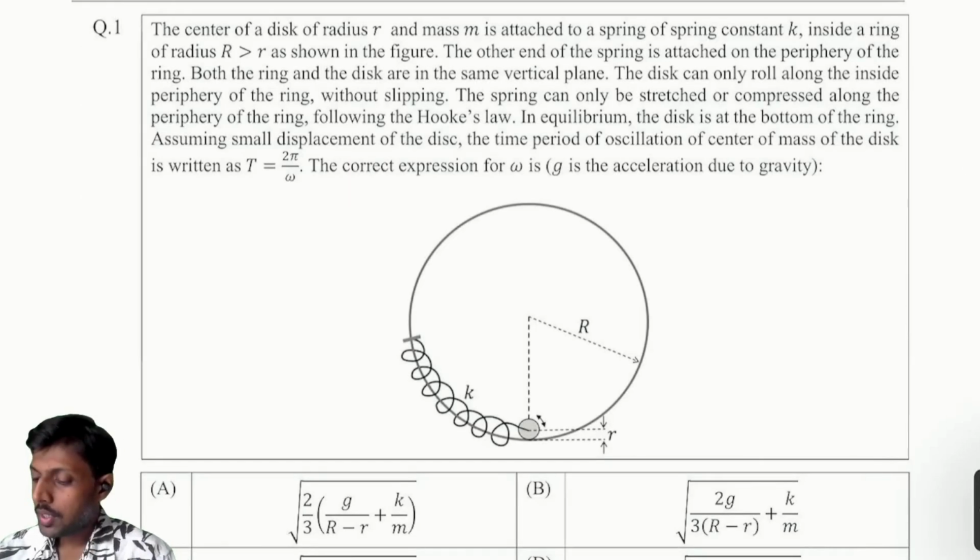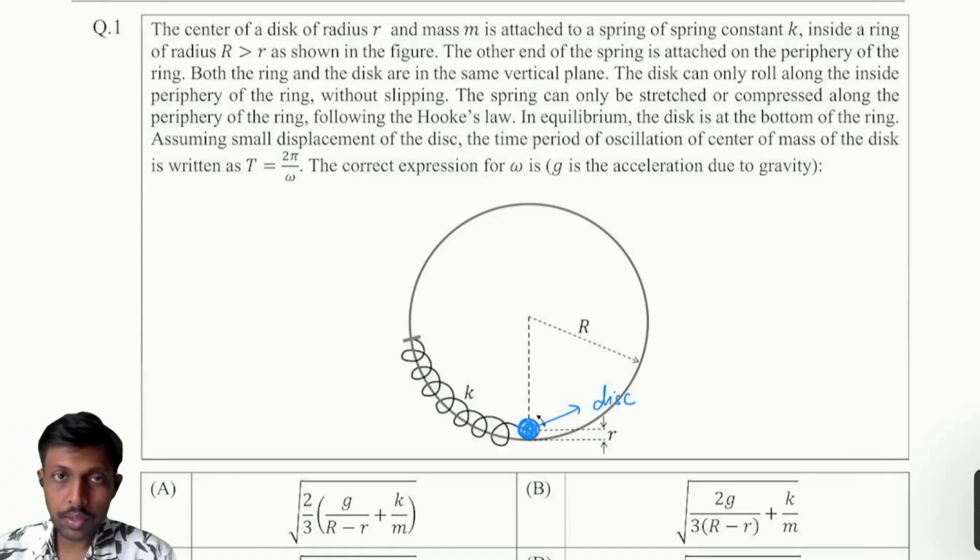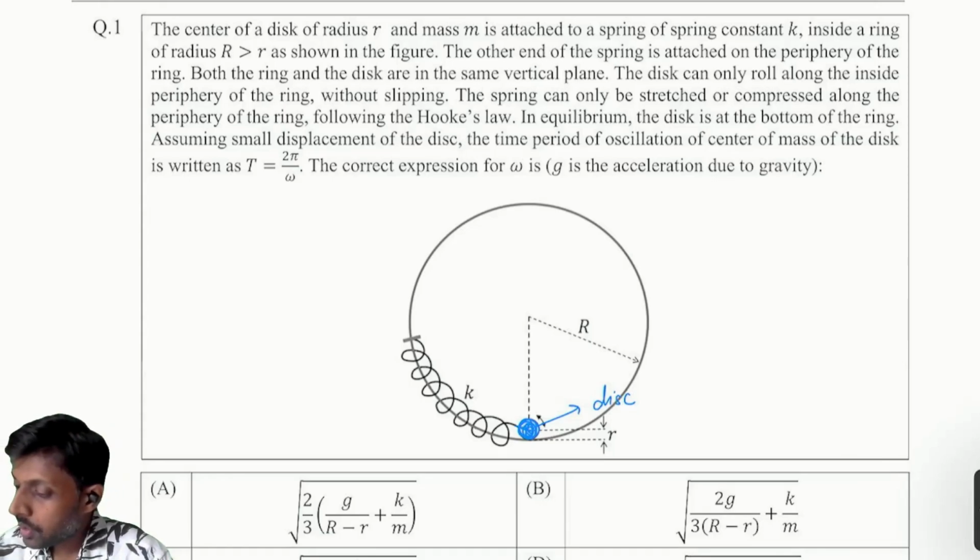The center of a disk of radius r and mass m is attached to a spring. So this small one, this is a disk. Its center is attached to this spring that is given to us. The spring constant is also given, k. Inside a ring.